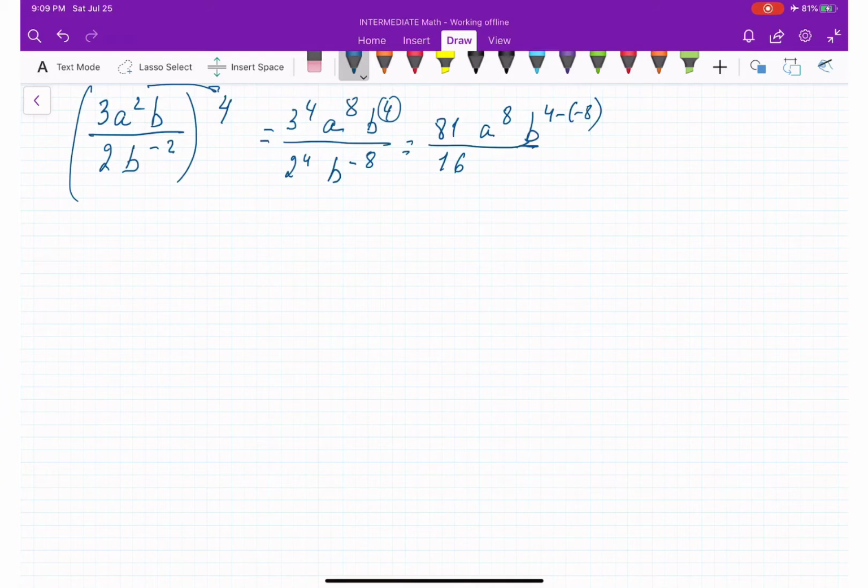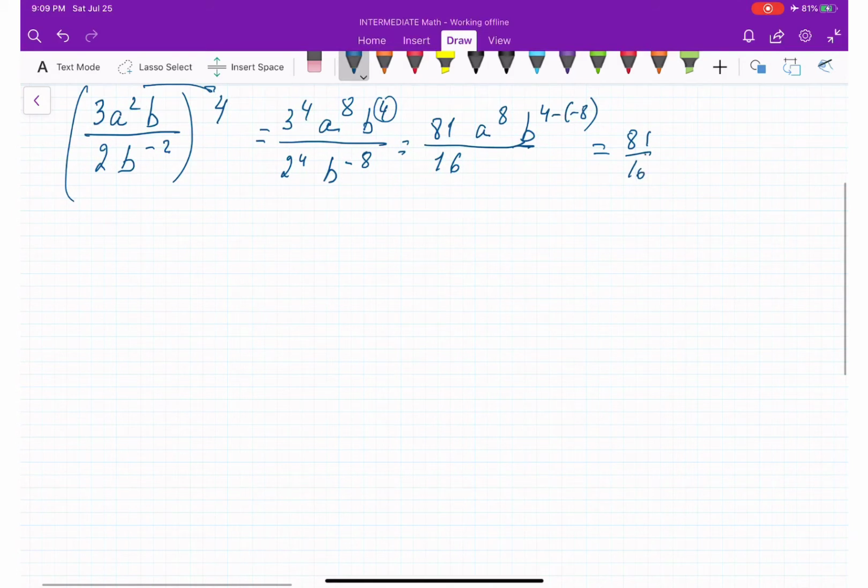So that is going to be 81 over 16, a to the power 8, and b to the power 12, because 4 minus negative 8, you will end up adding. That's all. Next.